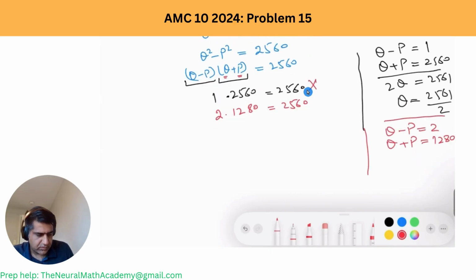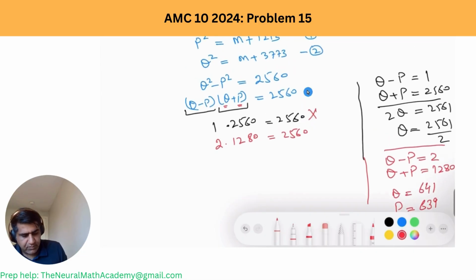If you solve these equations, then q is equal to 641, and p is equal to 639, right? Okay, and both of these are now integers.